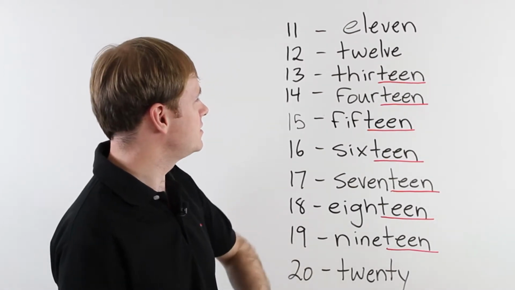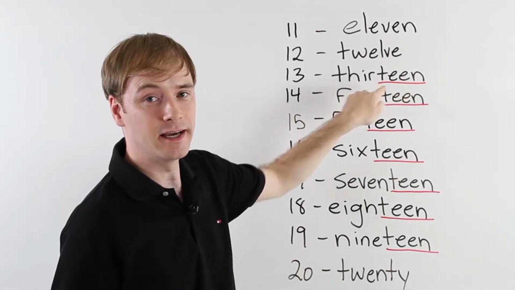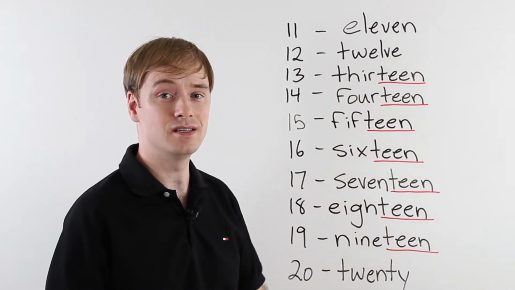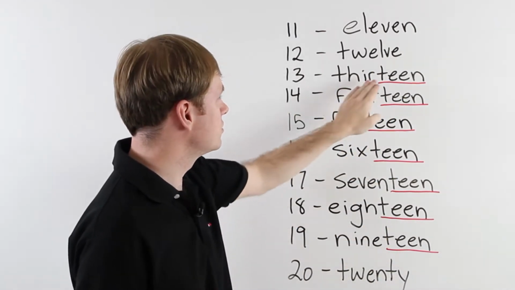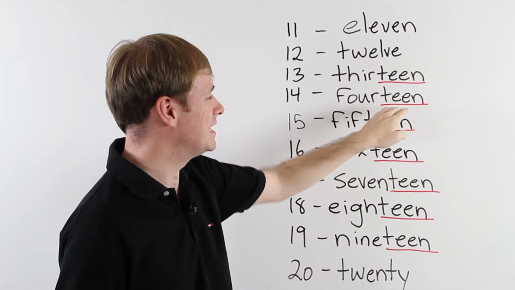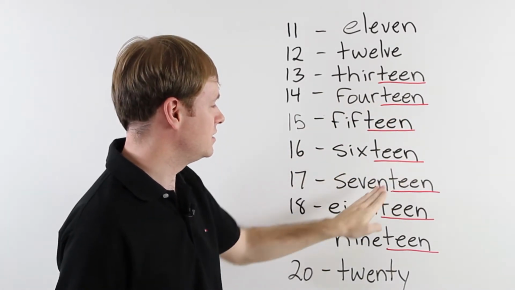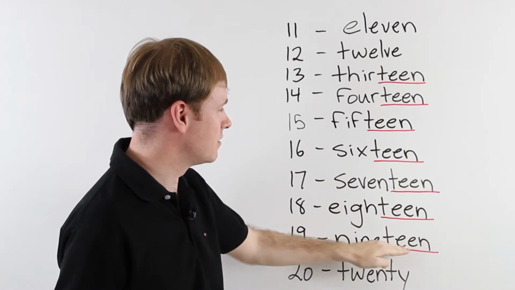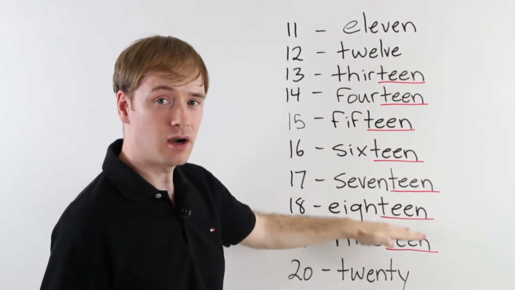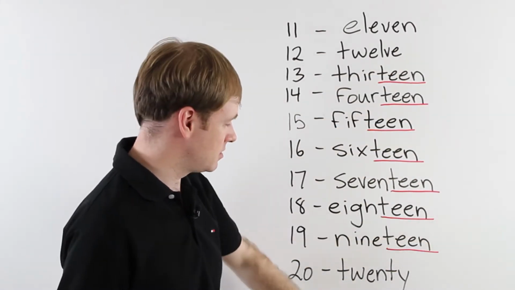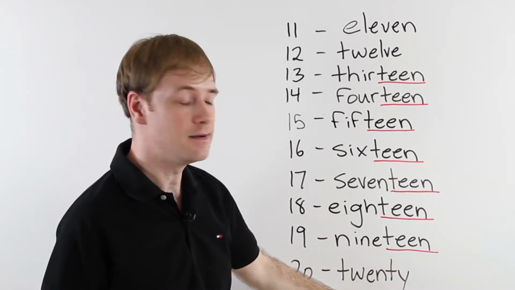Now, as you can see, I put the red line here on these ones because these are the teens, okay? 13, 14, 15, 16, 17, 18, 19.